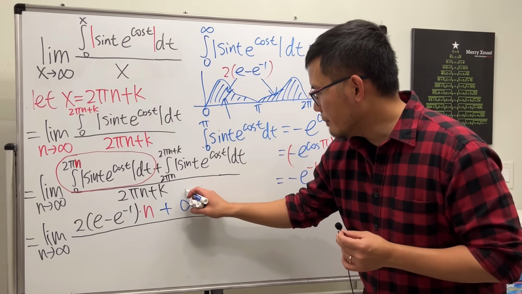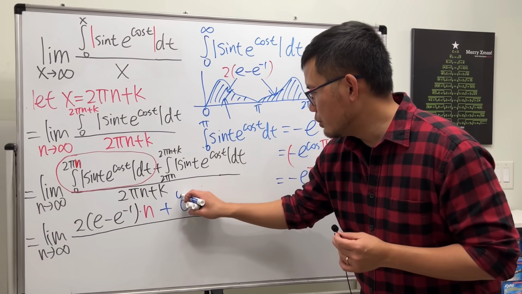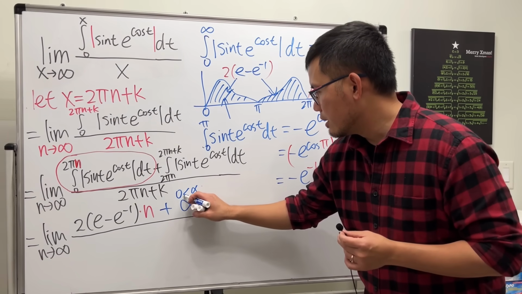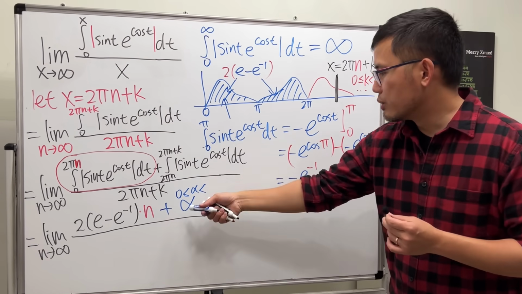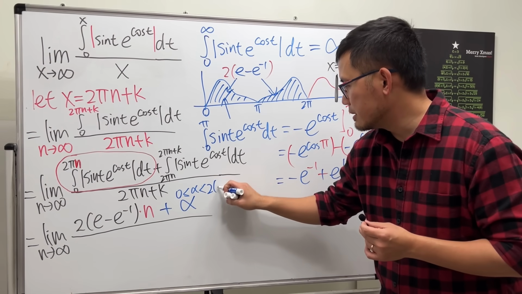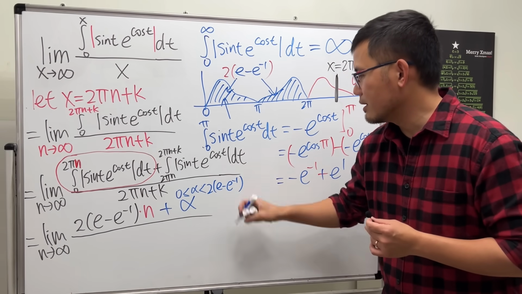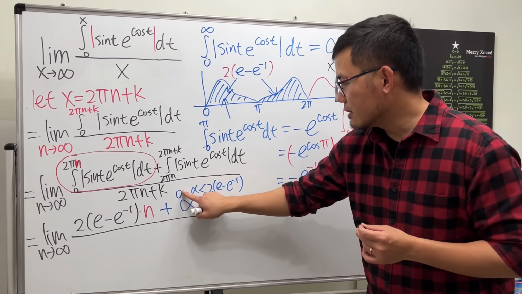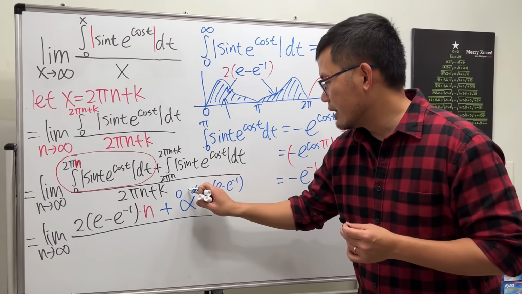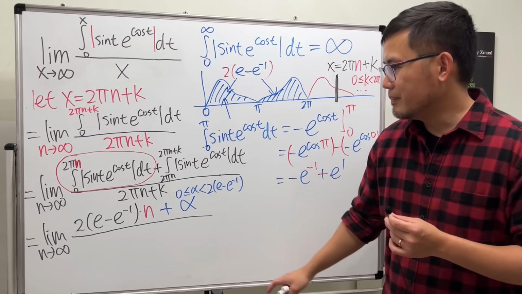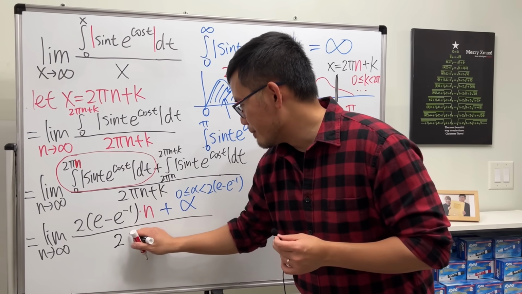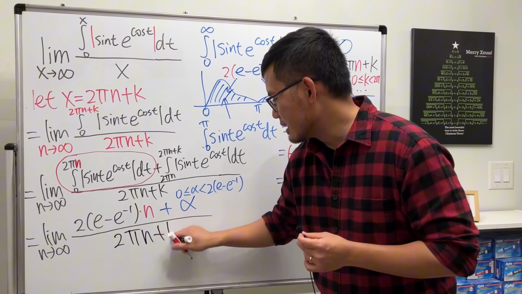And the alpha here, just denote that it has to be in between 0 and 2 times e minus e to the negative 1. So it's just finite. That's all you care about. And then on the bottom, we still have that 2 pi n plus k.